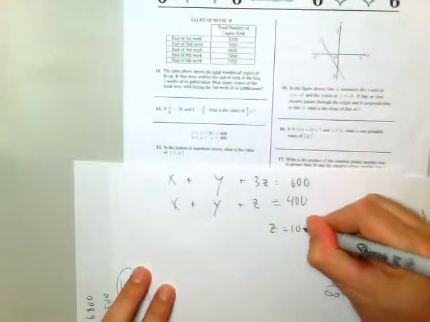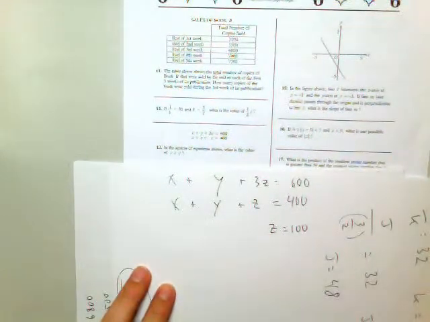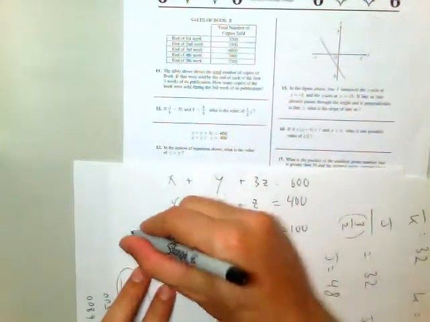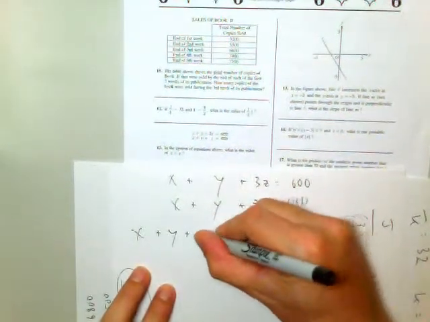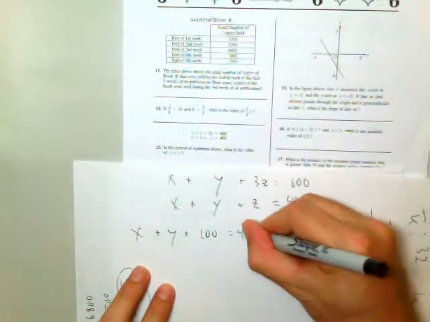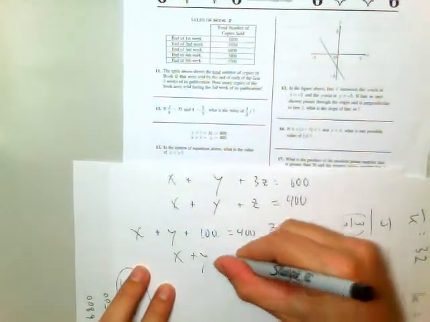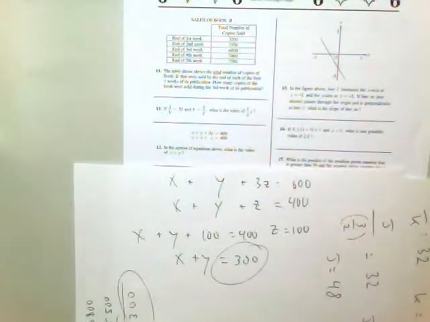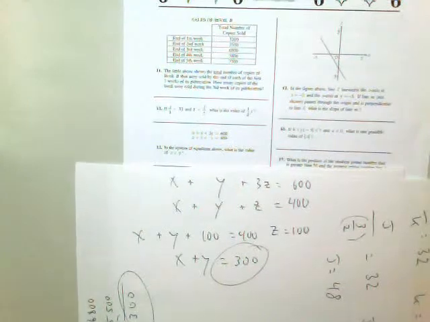Therefore, z is 100. So x plus y plus 100 equals 400, or x plus y equals 300. 300 is our answer. Notice you can't solve for x or y individually, but you can solve for their sum.